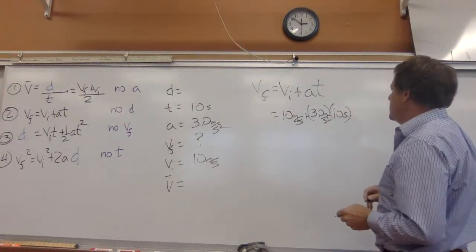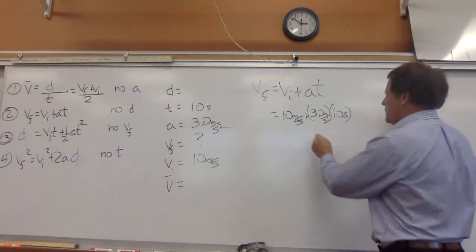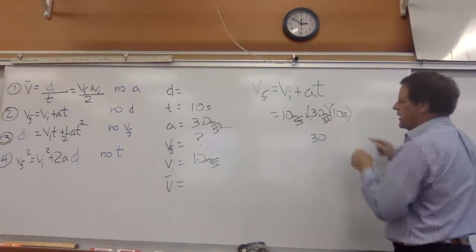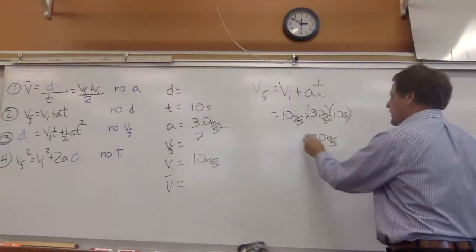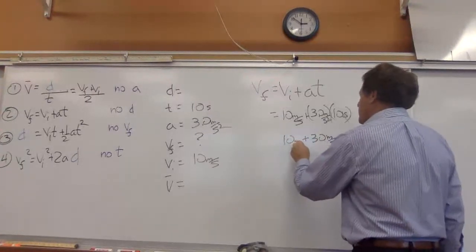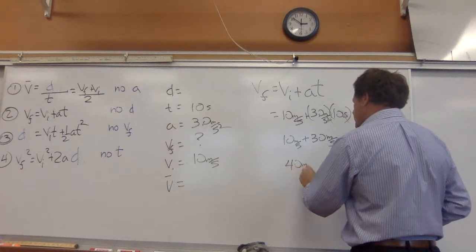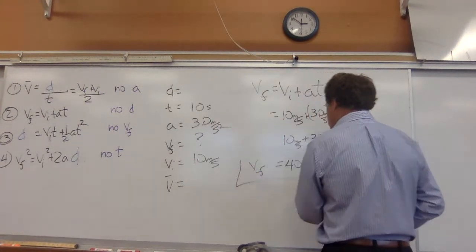We can multiply 3 times 10 to get 30. This seconds cancels out with one of those seconds, leaving meters per second plus 10 meters per second. 10 plus 30 is 40 meters per second, and that gives us our final velocity.